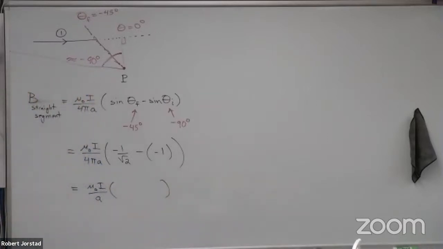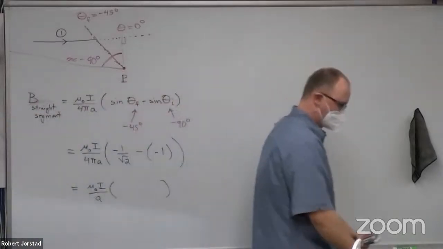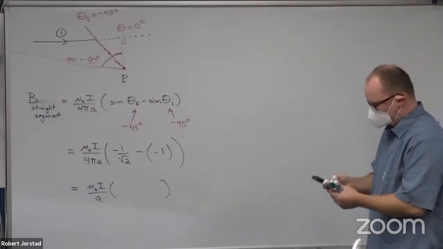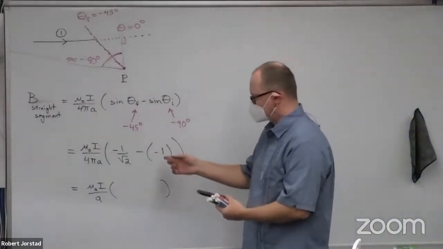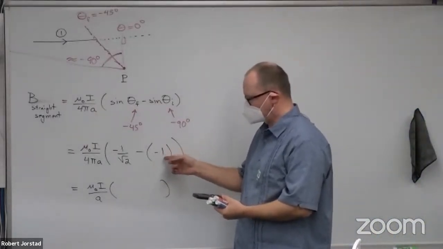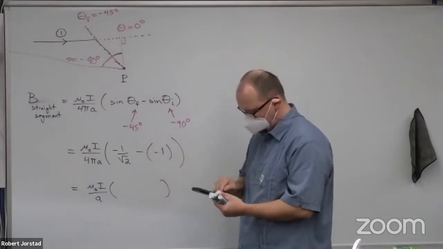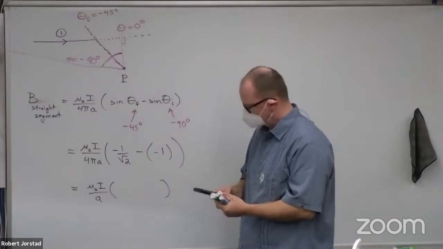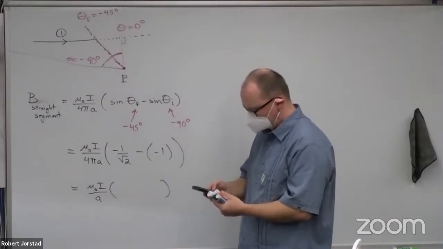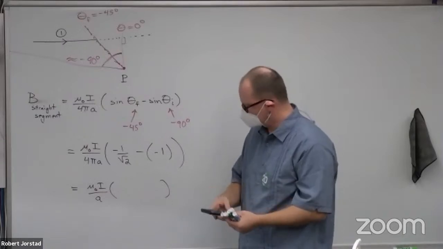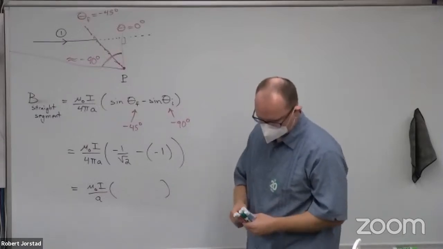I'm going to get out my calculator. Okay, so inside, it looks like I'm going to get 1 minus 1 over root 2, right? 1 minus sine of 45. Then I need to divide that by 4 and divide that by pi. I got 0.0233.